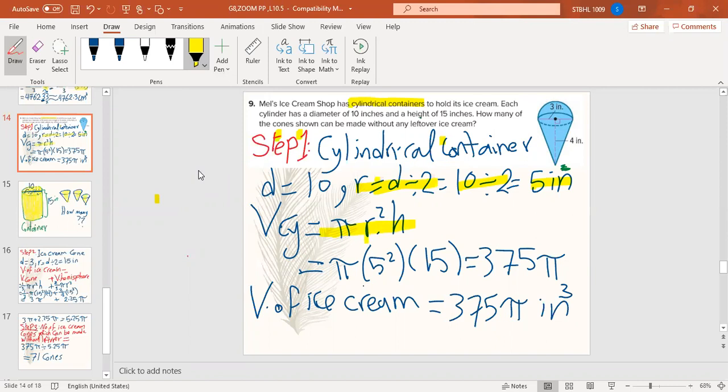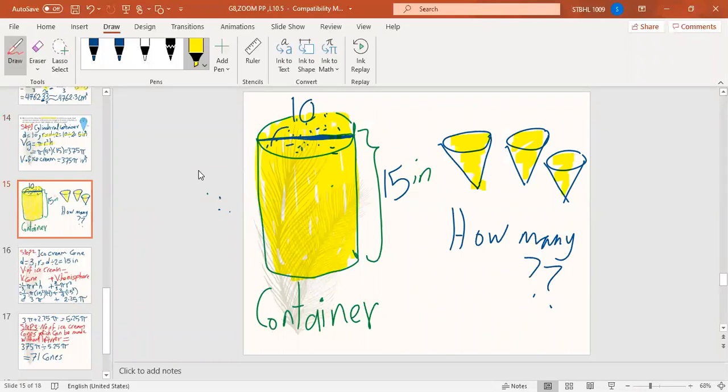R is 5, so 5 squared is 25, times 15 is 375 pi. So the volume of the whole ice cream inside the cylindrical container is 375 pi.